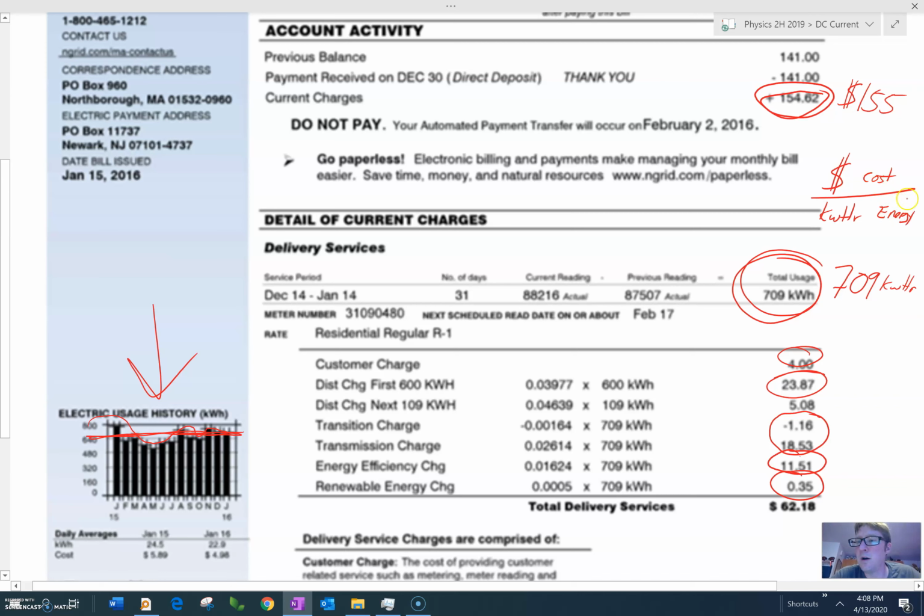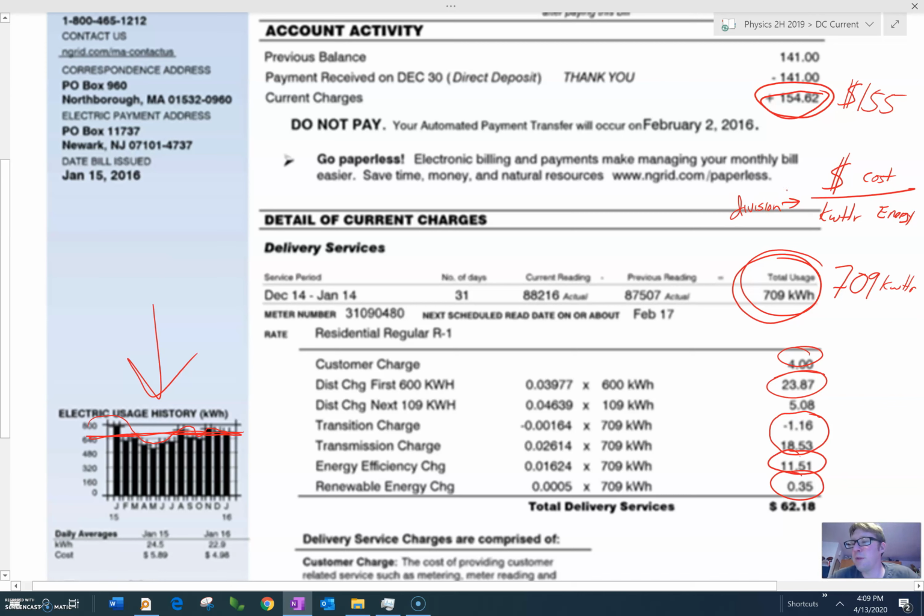And that's going to be the cost per unit of energy, kilowatt hours. $155 bought me 709 kilowatt hours. Cost per kilowatt, the per should indicate that we're doing division.